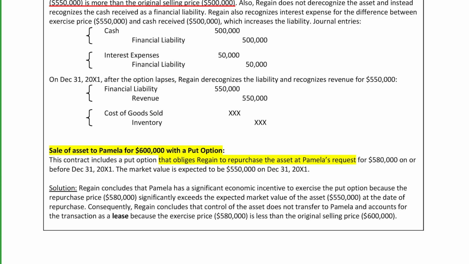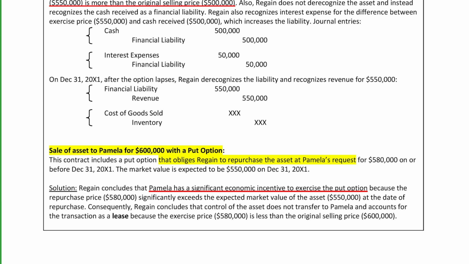And note that the market value of the asset is expected to be $550 on December 31st. So naturally, there is a high incentive for Pamela to give the asset back to Regain because Pamela is going to get $580,000, which is more than the $550 market value. So Pamela has a significant economic incentive to exercise the put option.